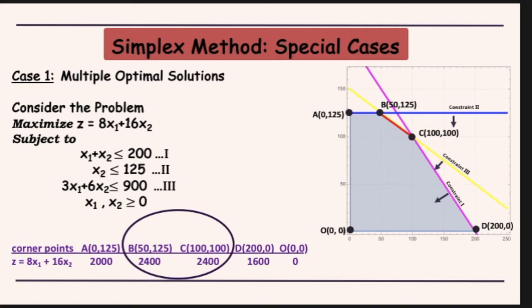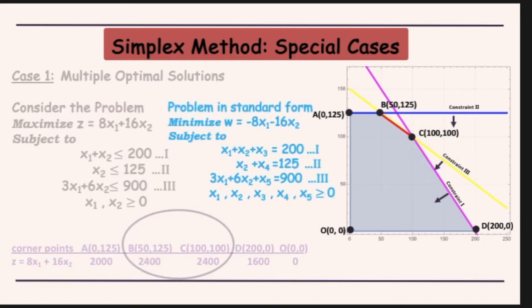Now let us see, in case we are solving such a problem using simplex method, then how do we identify such a situation. Now in order to solve this problem using simplex, I would first convert it to the standard form.